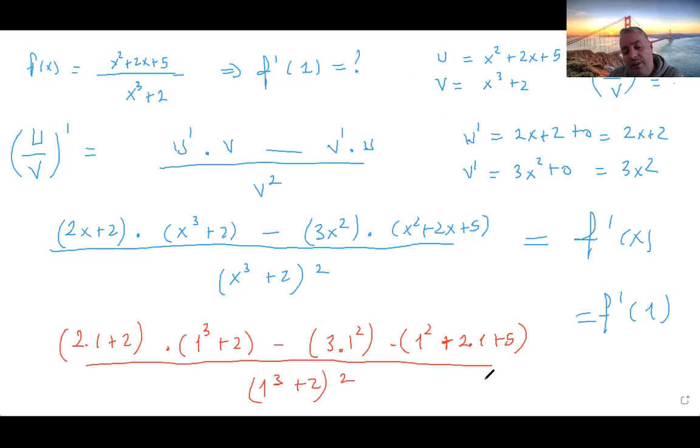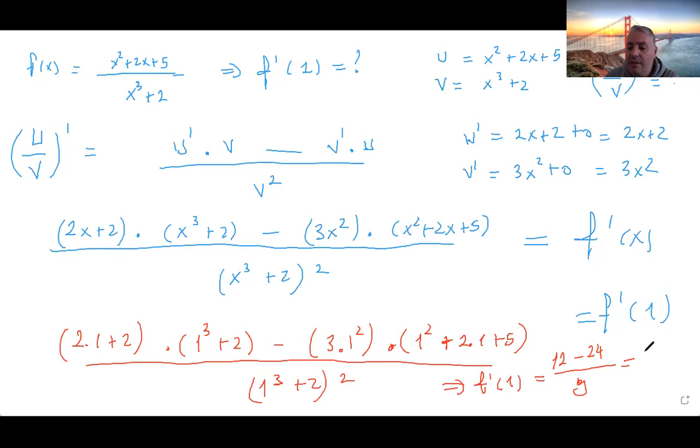So if I write, f prime at 1 equals 2 times 1, 2, 2 plus 2, 4. 4 times 1 and 2, 3. 4 times 3, 12 minus 3 times 1, 2, 2 plus 5, 7 plus 1, 8. 8 times 3, 24, divided by 1 and 2, 3, 3 to the power of 2, 9.